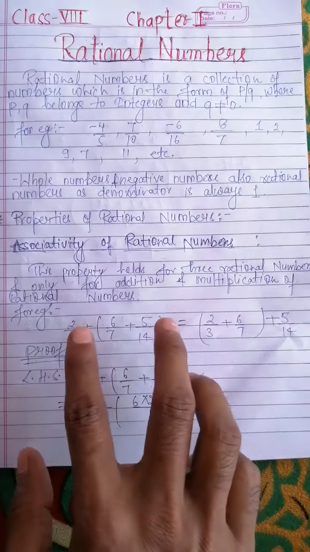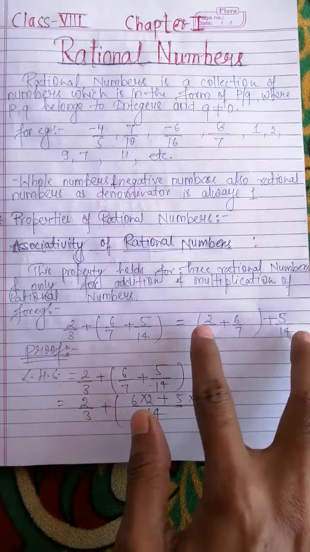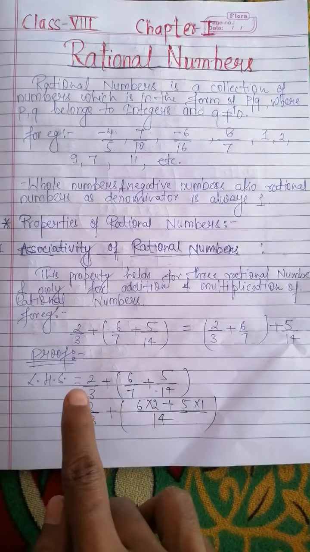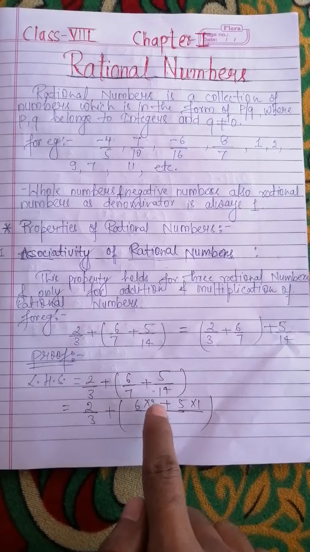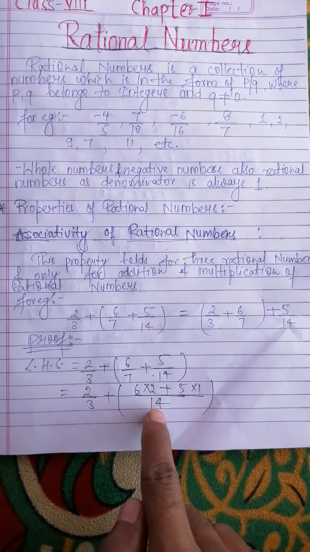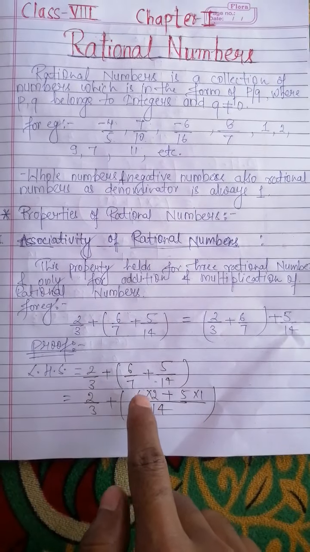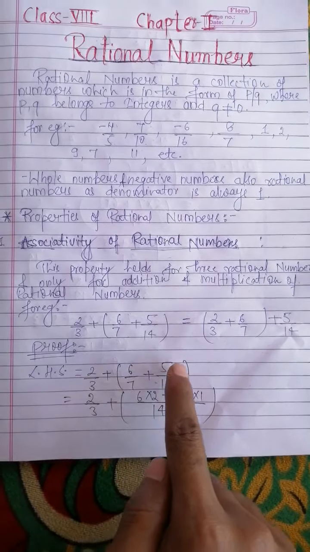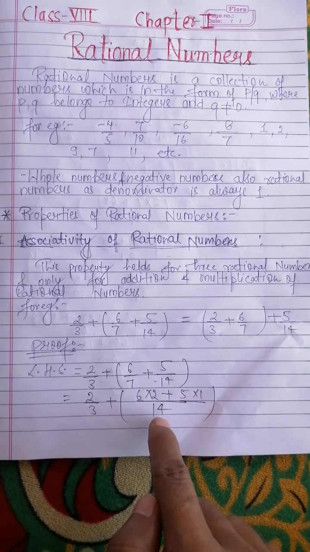To verify these two sides, we will solve each side individually. Like the left hand side, 2 by 3 plus 6 by 7 plus 5 by 14. As we know, while simplifying, we solve the bracket first, that is 6 by 7 plus 5 by 14. Solving the bracket, the LCM of 7 and 14 is 14.